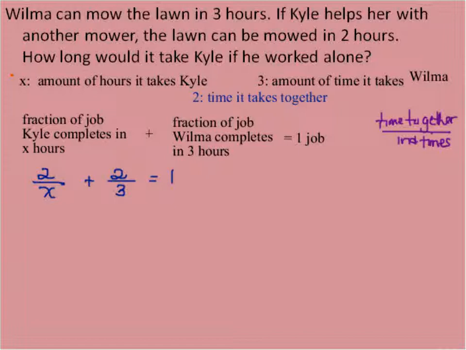Because really, guys, what you're looking for is 2/3 plus 2 over what gives you 1. That's what you're looking for, at least in these. So we get a least common denominator. Our least common denominator here is 3x, multiplying our two denominators together. And we're going to multiply each by the common denominator. So I'm just going to rewrite it here first.